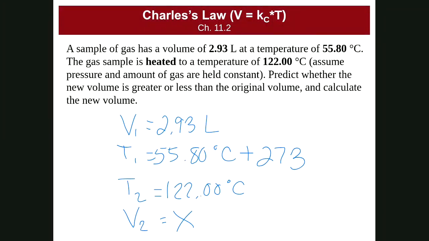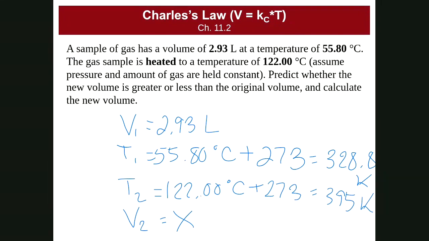So while we're at 55.8 degrees Celsius, we are actually at 328.8 Kelvin. And we want to convert our other one too. So we have 122 plus 273, and that is 395 Kelvin.